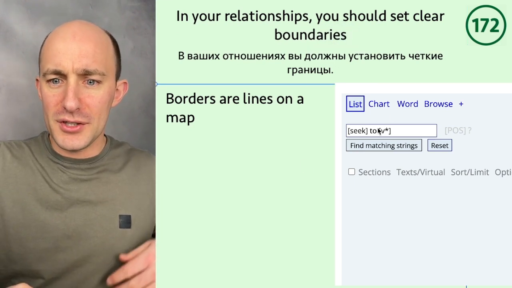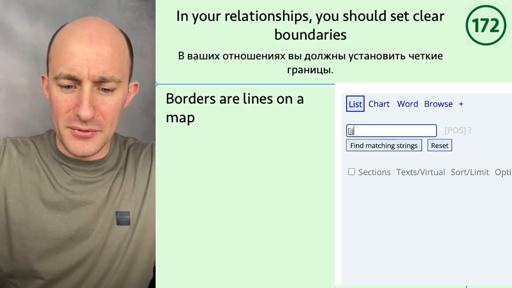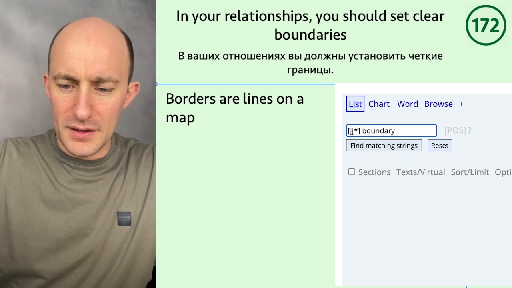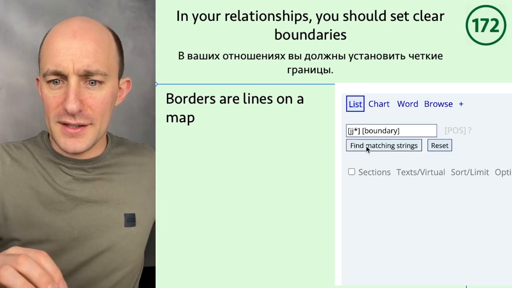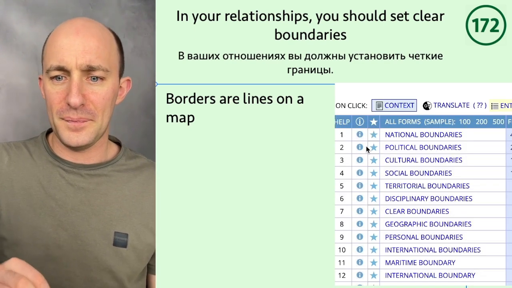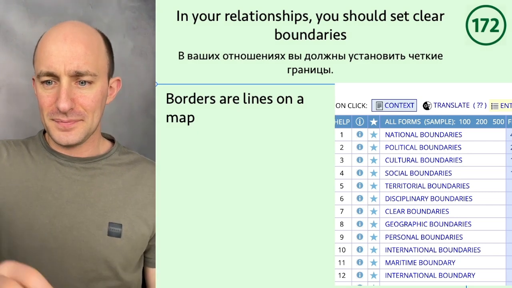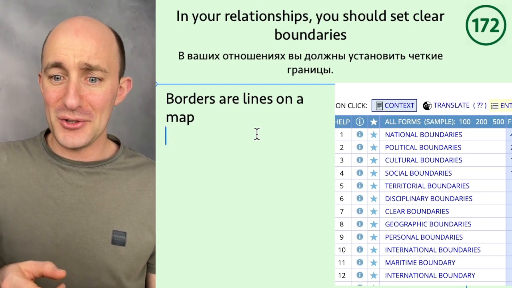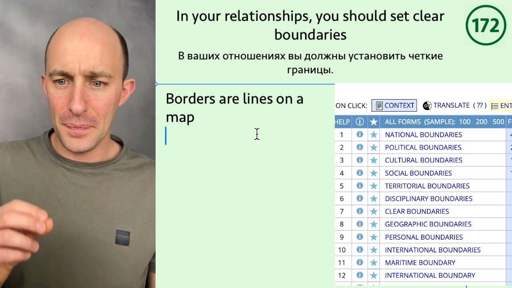I wonder which adjectives you often find before boundary. If I do that, then we'll get the plural and the singular, I think. So you can also talk about national boundaries, as you can see as well.